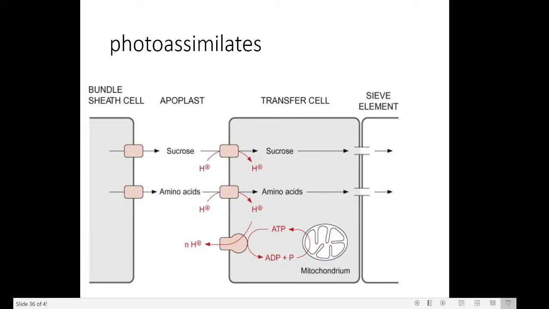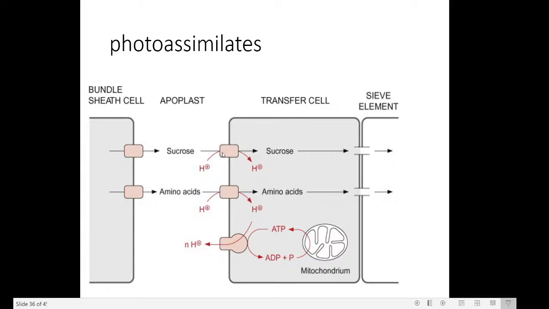And photoassimilates. These assimilates are molecules which help to transfer signals to the sheath cells and to the sieve elements. Here the bundle sheath cells produce and release the sugar molecule.